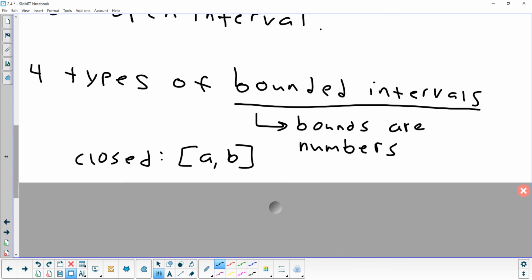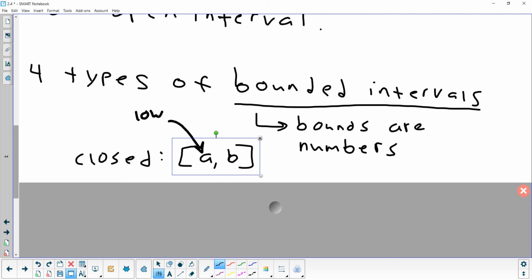So this is how you would write a closed interval. Bracket on the left, bracket on the right, and put your two bounds as first number, comma, second number. You always have to write an interval the same way you would write like a window. This is always the low value, the A. The B is the high value.